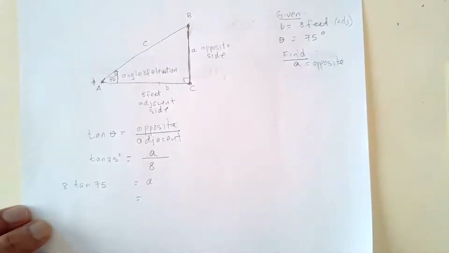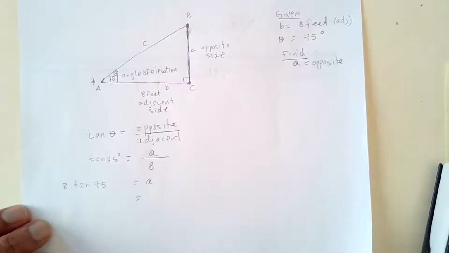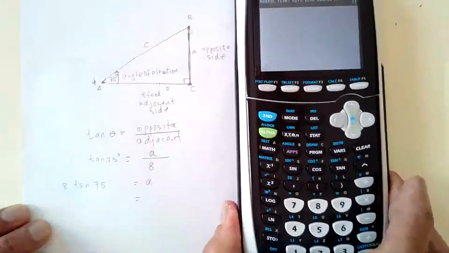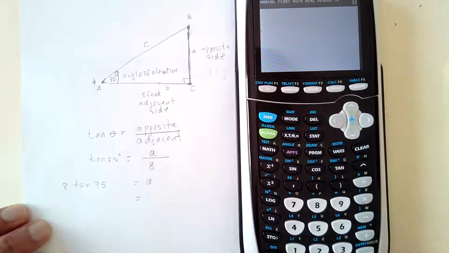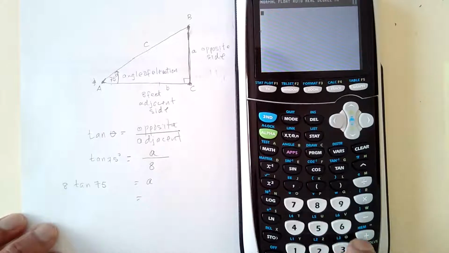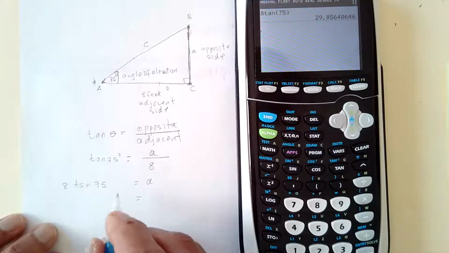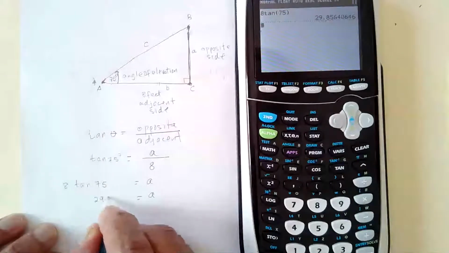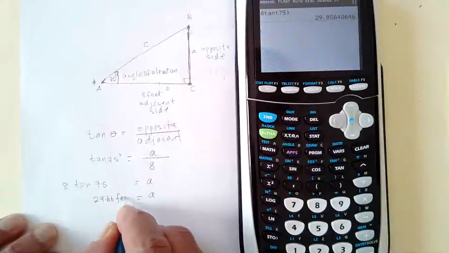When I go to my calculator, I type in exactly what I have here. I put 8, tan 75, close bracket. And that would give me a measurement of 29.86 feet.